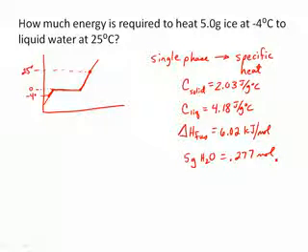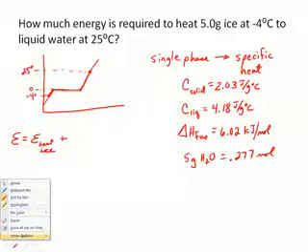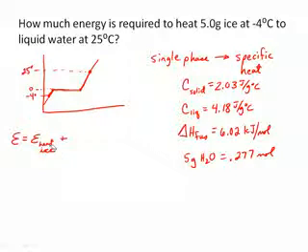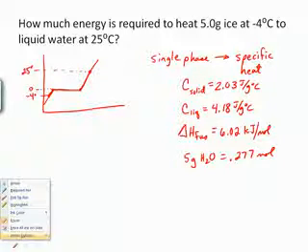And so our total energy is going to equal the energy to heat the ice plus, oh wait, let's go back here. I don't want to use E for this, because what letter did we use for heat before?